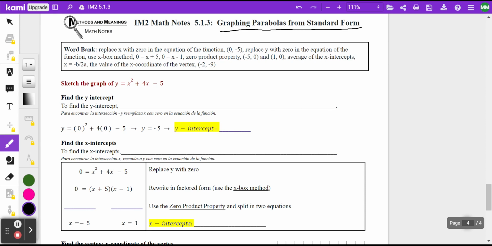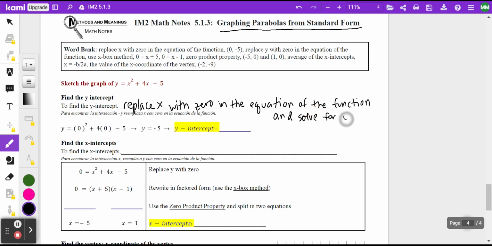First, you want to find the y-intercept. To find it, you replace x with 0 in the equation of the function and solve for y.